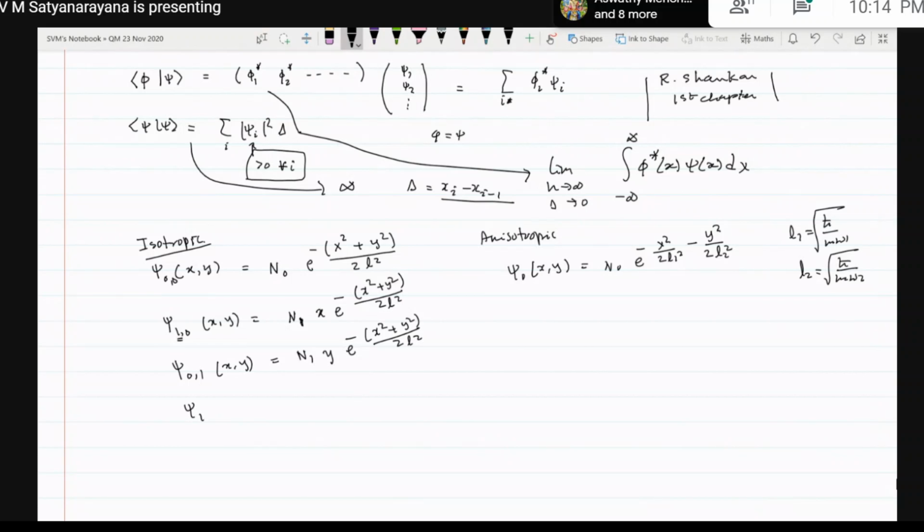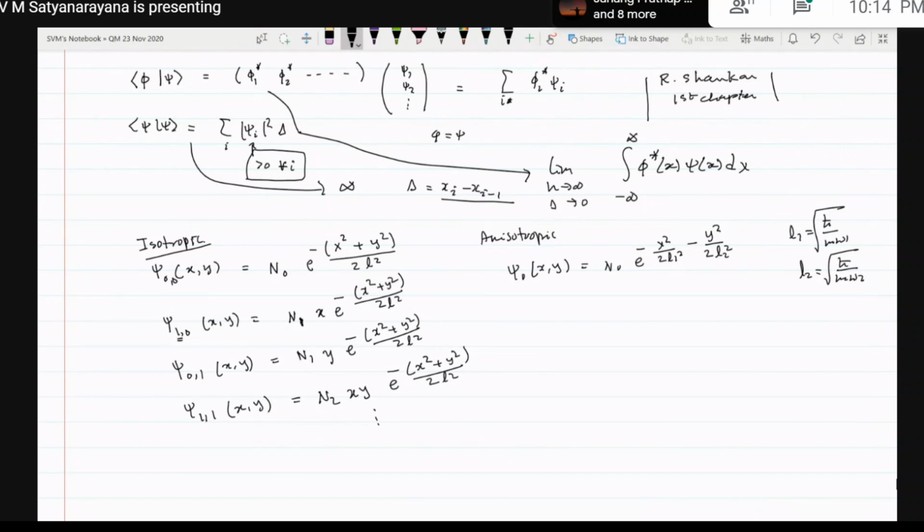And psi 1,1, if I want to write, this is of course not the same energy, is equal to some n2 into xy into e to the minus (x square plus y square) divided by 2L square, and so on.